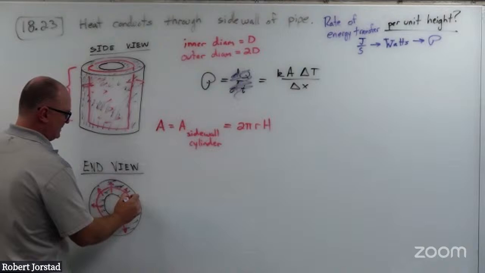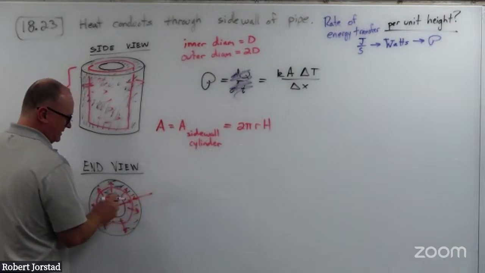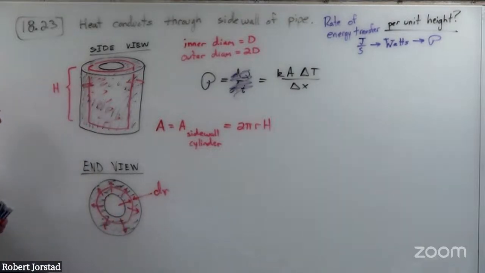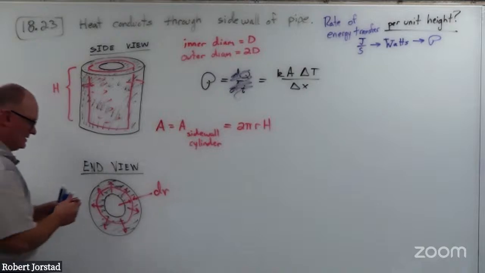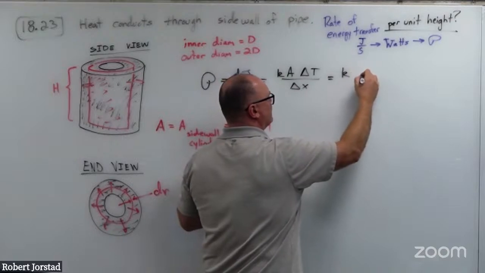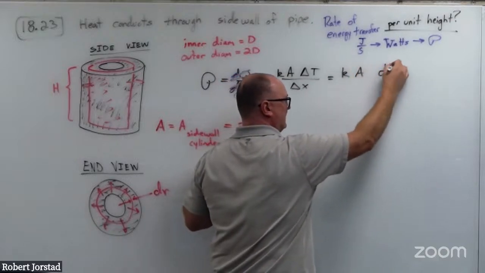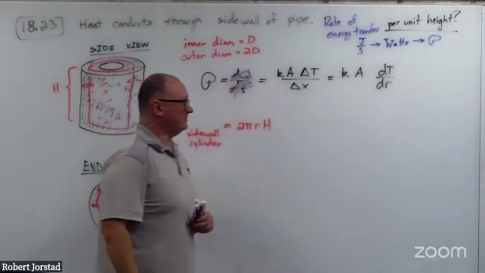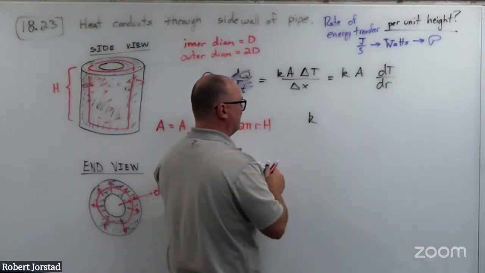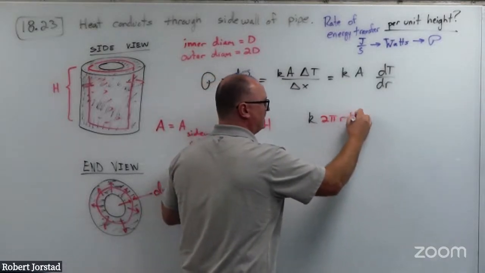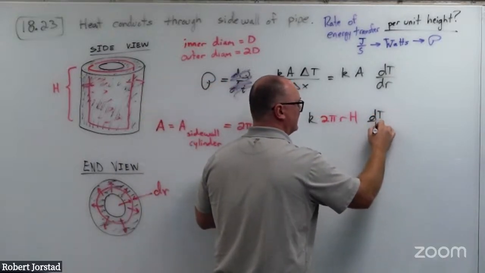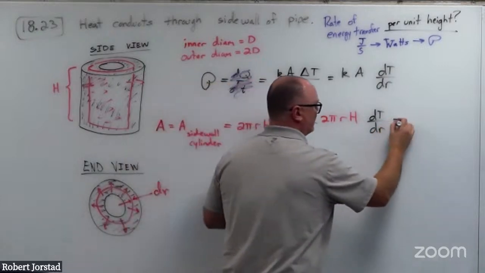The heat is flowing radially out, so I would call the thickness of this pipe dr. I would rewrite this equation as K times area times dT/dr. In this case, the area is 2 pi r H, times dT/dr, and that's equal to the power.